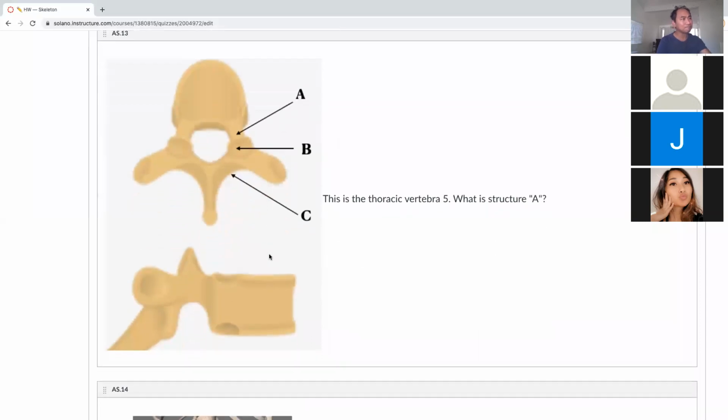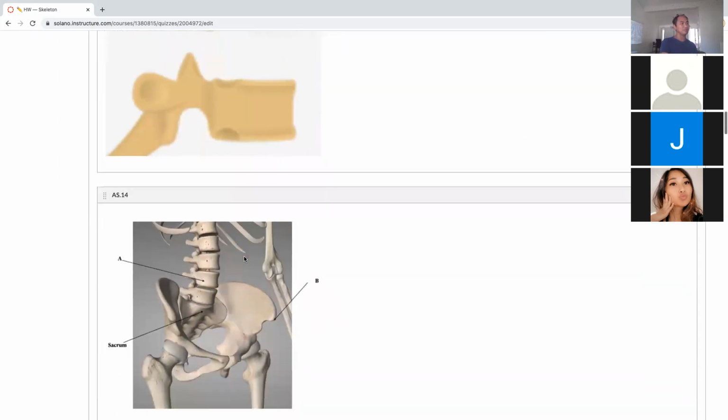So A is for pedicle, P-E-D-I-C-L-E, and C is for lamina. 2 pedicles come out from the vertebral body and they join. That part of the bone is called lamina, L-A-M-I-N-A, and they form the spinous process. Anything going transversely is the transverse process.